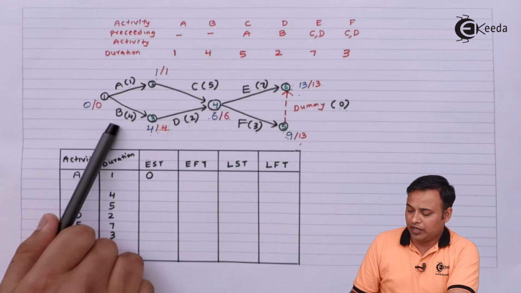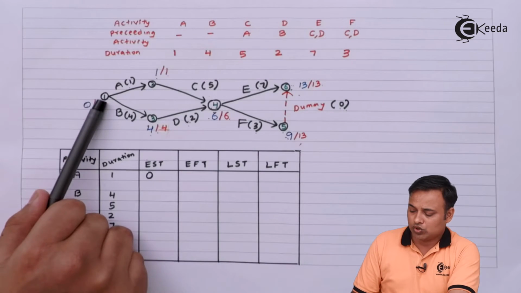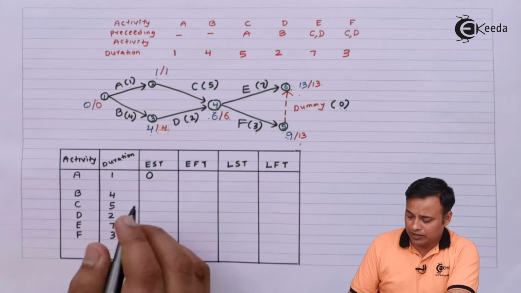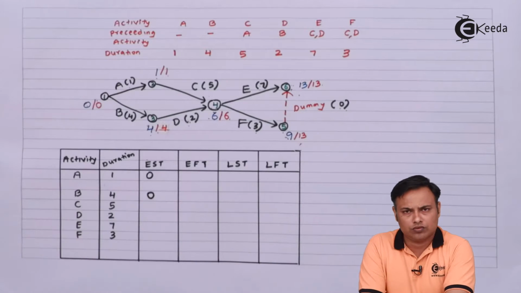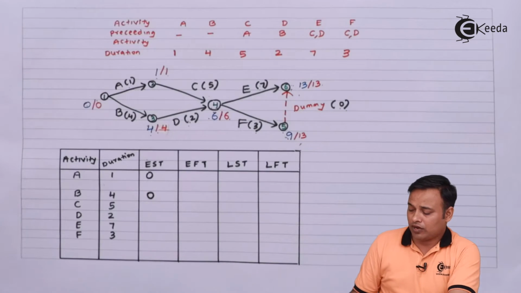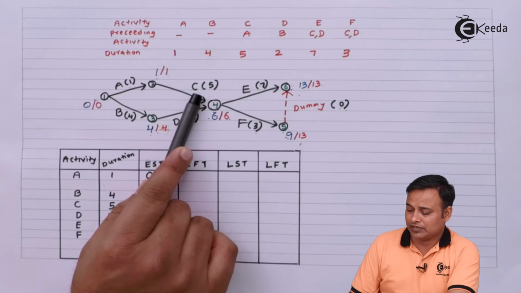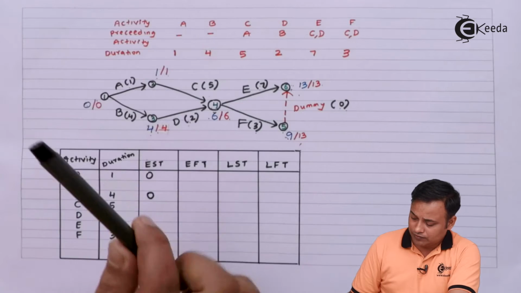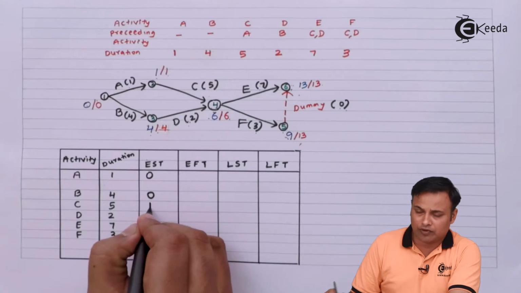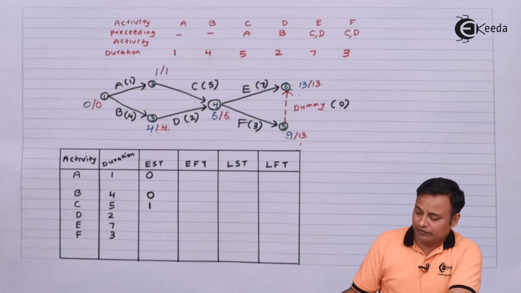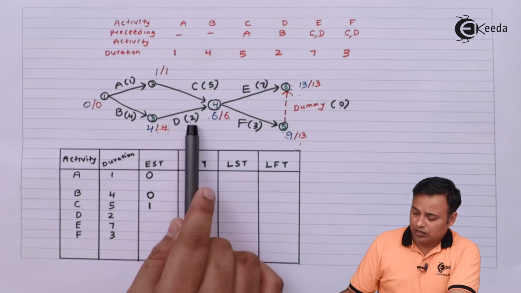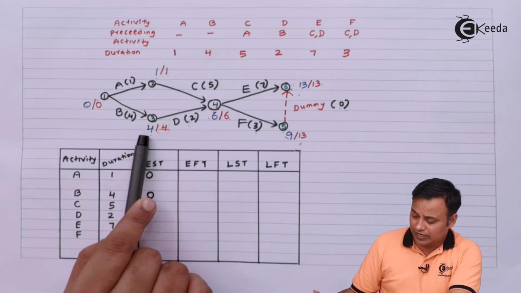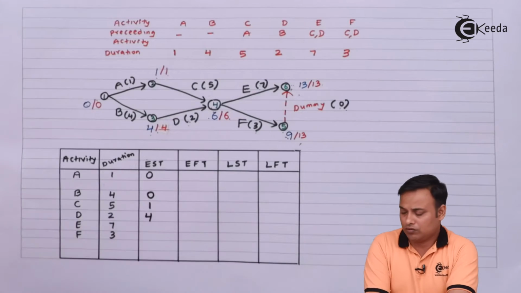Same way for B, my tail is 1, so at tail the blue color number, that is the left hand side number, is 0. Next, for activity C, my tail is 2, so the blue color number at 2 is 1, so that will be my earliest starting time of C. For activity D, the tail is 3, जहाँ पे नंबर है आपका ब्लू कलर मतलब लेफ्ट हैंड साइड में 4.